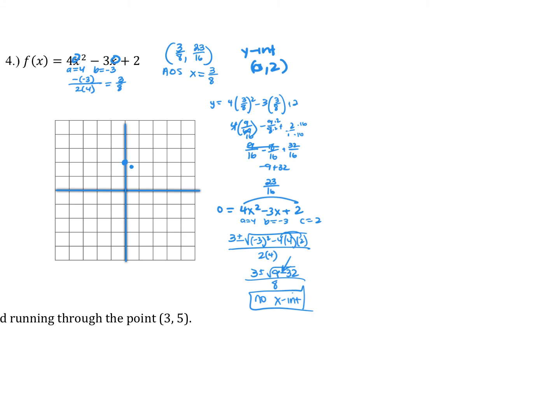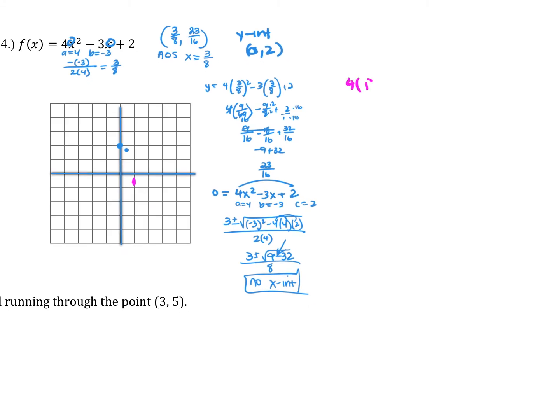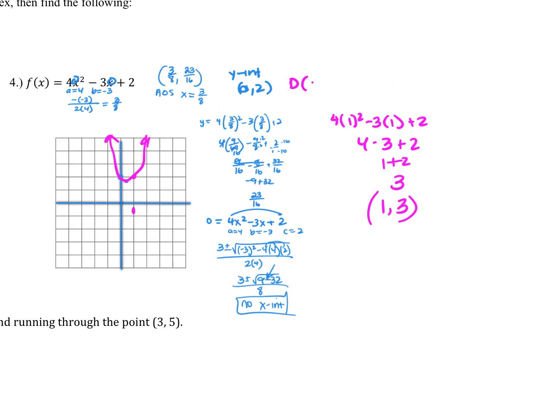Now I know this is going to point up because it's positive, and it makes sense that it wouldn't go through my x-axis then. But I need at least one more point. So I'm just going to plot 1. Plug it in, 4 times 1 squared, minus 3 times 1 plus 2 is 4 minus 3 plus 2, 1 plus 2, which is 3. So 1, 3 is another coordinate point that I can use to then make the parabola. Domain, all real numbers again, and range, this time it's pointing up. So it's 23/16 to positive infinity.